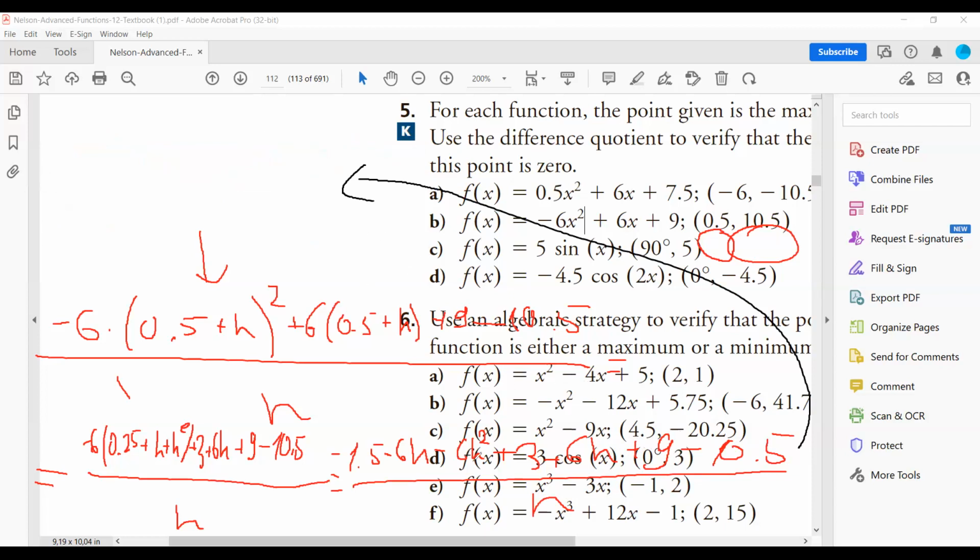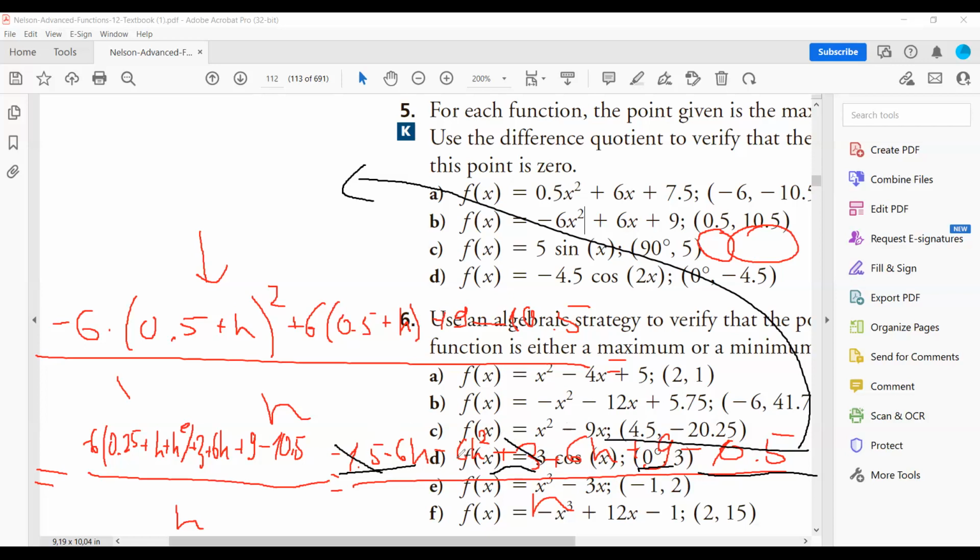So negative 1.5, let's group up the terms. Negative 1.5 plus 3 plus 9, negative 10.5. So it's going to be 9 plus 3 is 12, and 10.5 plus 1.5 is 12. So they turn into 0. We can cross them out.